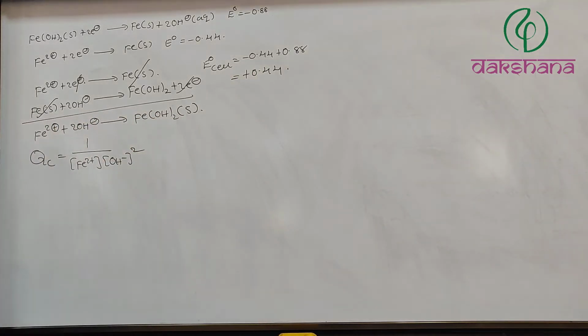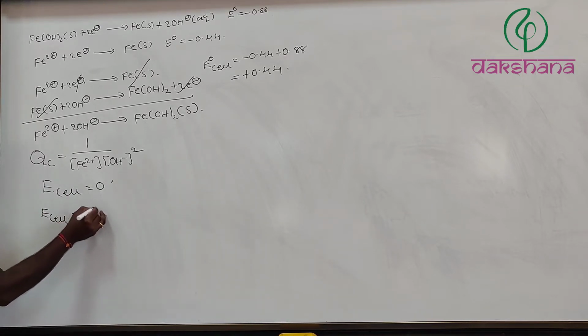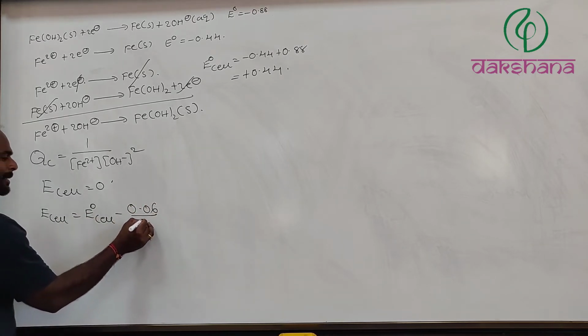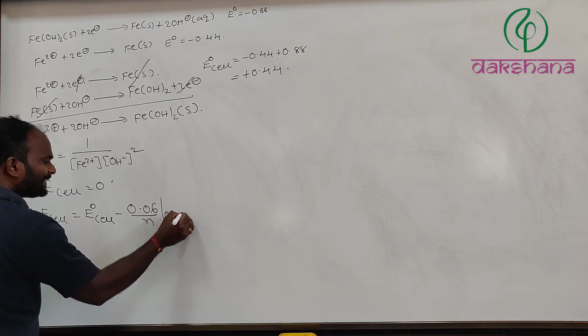When you are talking about the solubility product, this is nothing but the equilibrium state. At equilibrium, E cell is equal to 0. Now, if E cell is equal to 0, E cell is equal to E0 cell minus 0.06 divided by n log QC.